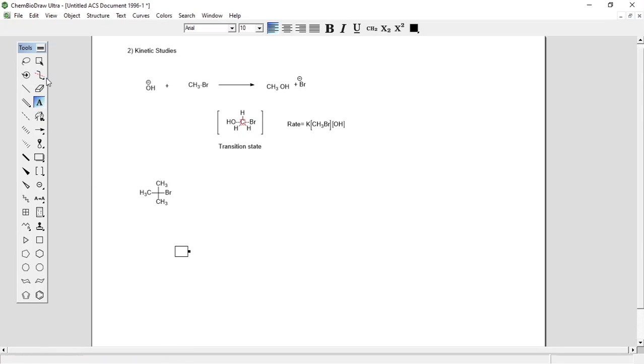It reacts with hydroxide. Then reaction arrow. This alkyl halide converts to alcohol.